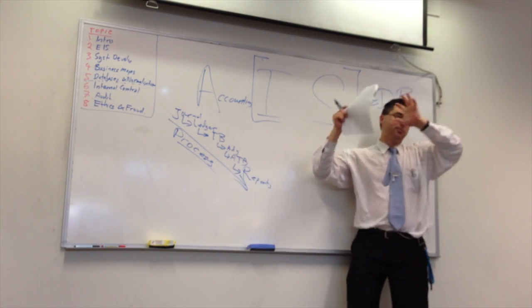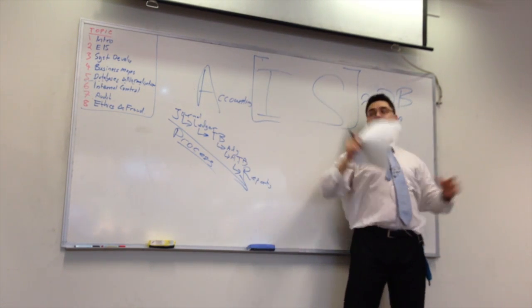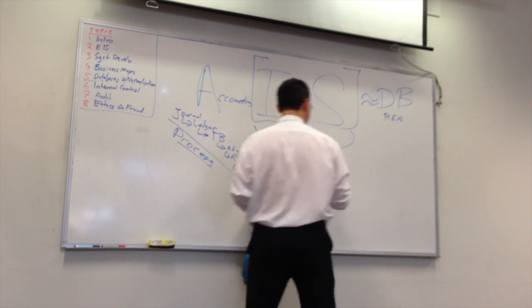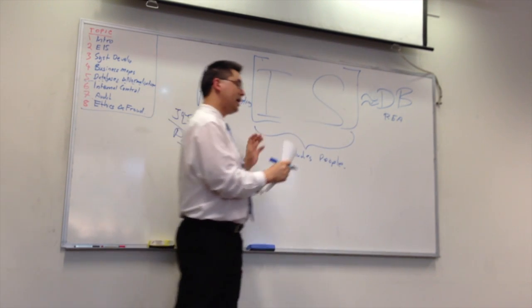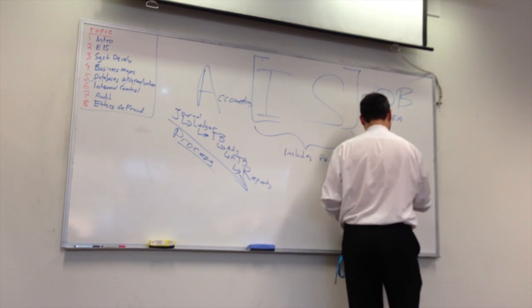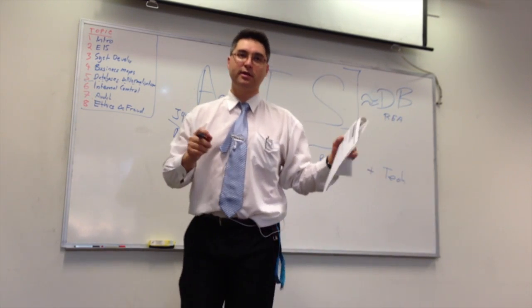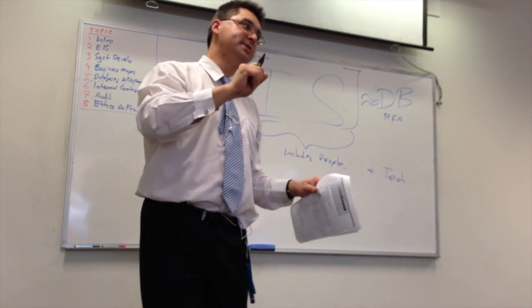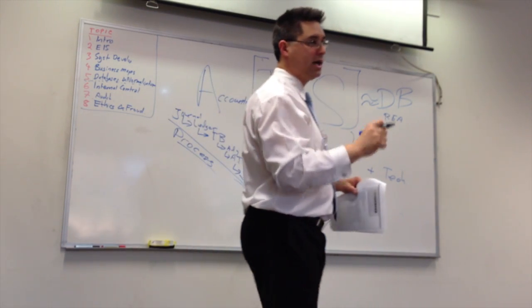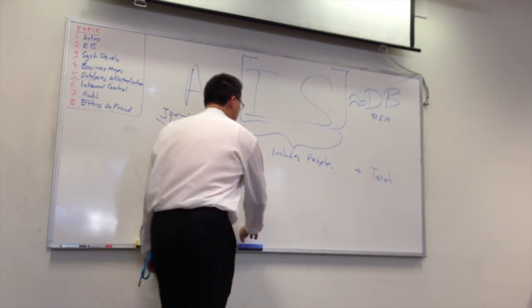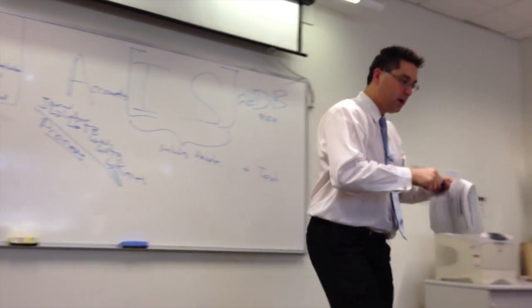Information systems is a bit broader than that. Information systems also includes the people, the processes, and also the technology, the databases to get there. Is that clear? Information systems is more than just databases.